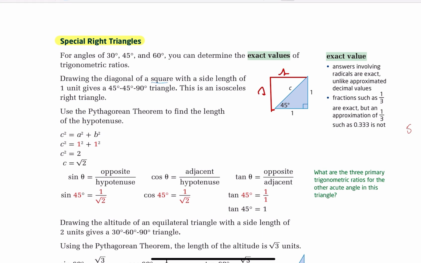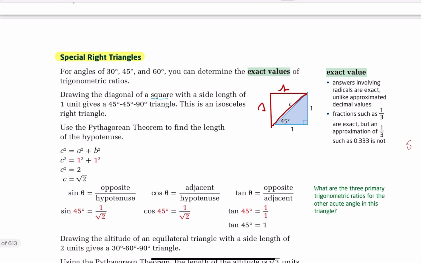We can draw a hypotenuse from this corner to touch the opposite corner and find it. To find the hypotenuse in this case, you use the Pythagorean theorem.